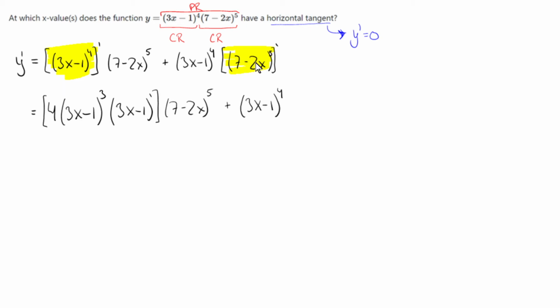And now again, the derivative of the outside function is 5 times the inside function to the power of 4 times the derivative of the inside function. Like that. In the next step, we're going to take the derivatives of those two inside functions.